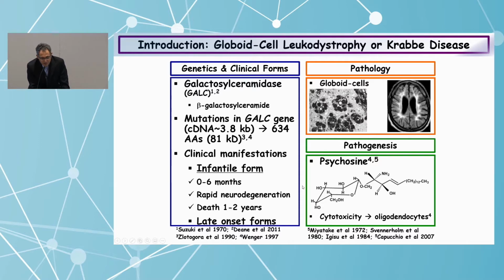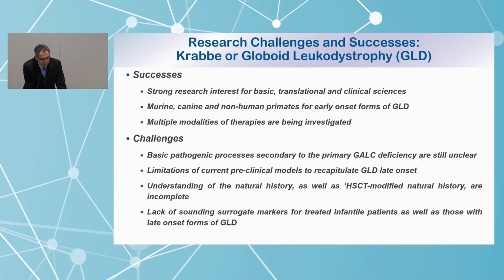And the culprit is the substrates of GALC. One of them is psychosine or galactosyl-sphingosine, which has a significant reactivity due to this free amine located in the carbon 2. It has significant cytotoxicity for those cells producing myelin, the CNS oligodendrocytes and Schwann cells in the periphery.